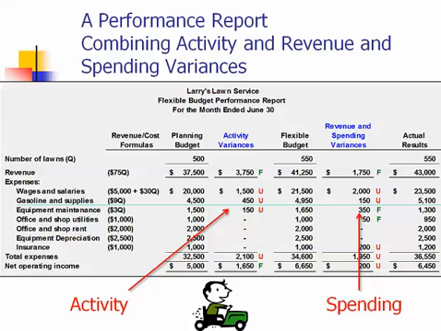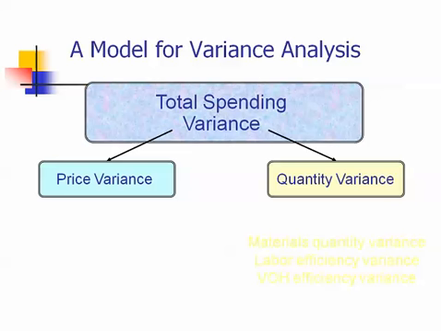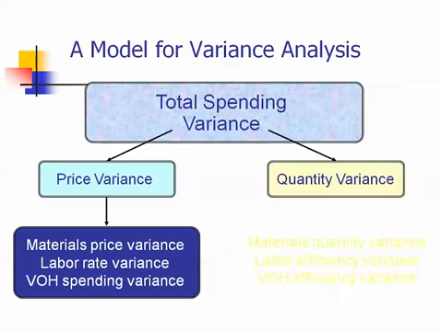In this chapter, we're going to break down that $150 spending variance and look at it a little bit closer. We're going to break our total spending variance down into two parts: a price variance and a quantity variance. The difference between actual prices and standard prices gives rise to our price variance. When we look at differences between actual labor rates and standard labor rates, we'll get a labor rate variance.